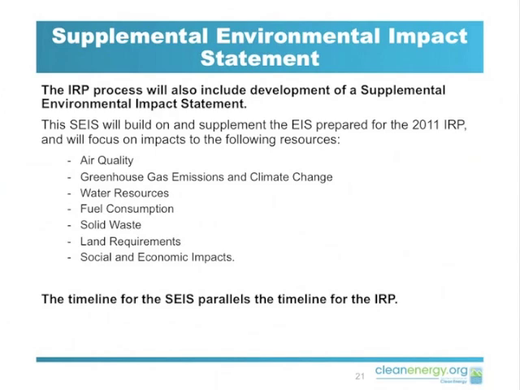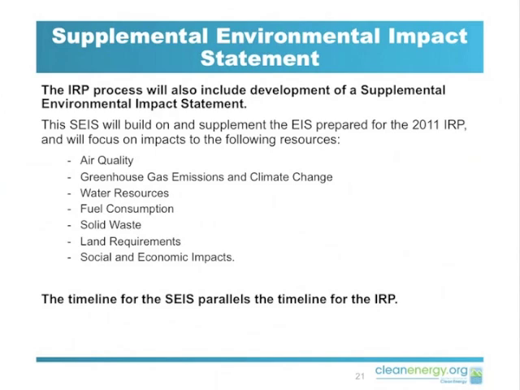So along with the IRP, TVA is undertaking an environmental impact assessment, and we'll be releasing drafts and a final of that along the same timeline as they are with the final and draft IRP. They're calling it a supplemental environmental impact statement in that it will build off of the 2011 EIS that was prepared during that IRP review process.